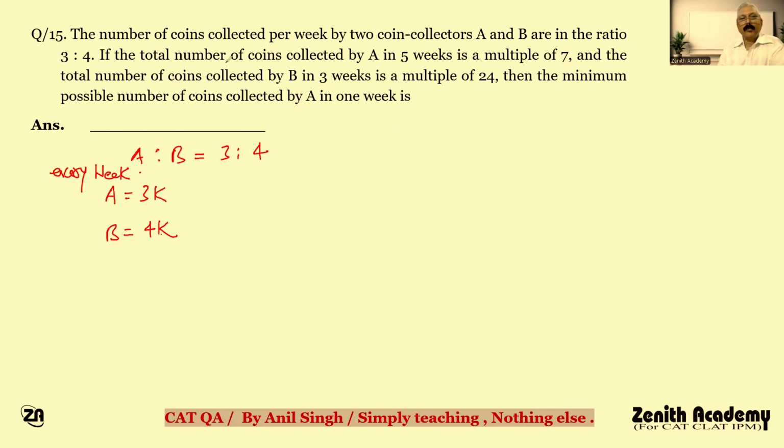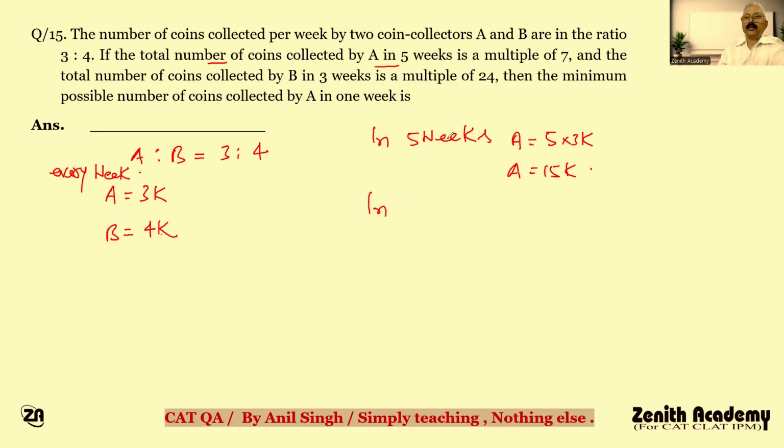Further, it is given the total number of points collected by A in 5 weeks. So in 5 weeks, A will collect 5 into 3K coins, which means A is equal to 15K.